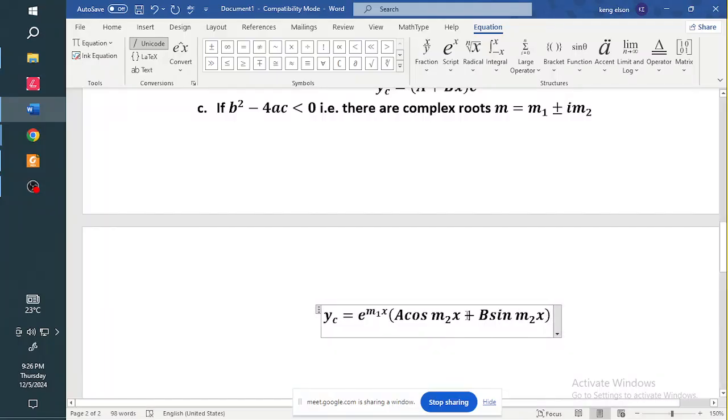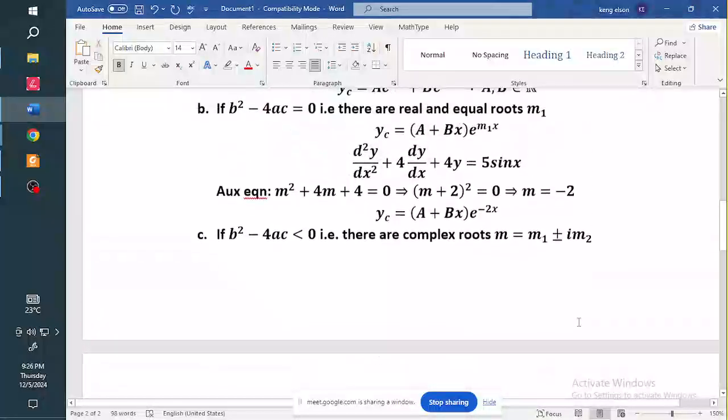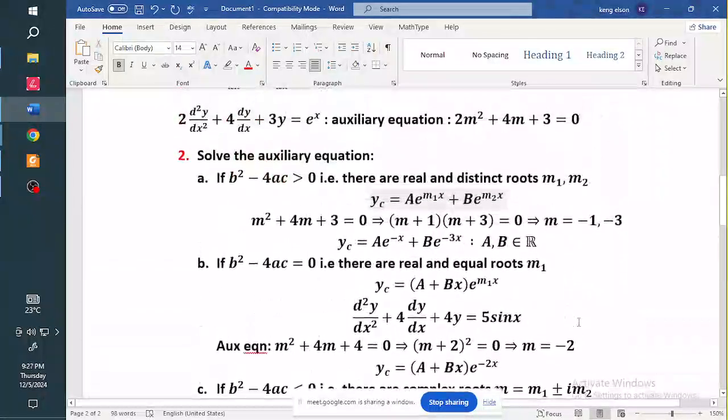That's it. And then in trigonometry, we can always convert this to the form r cos of something, or r sine of something. So that's just it. But for now, let's just forget about these complex roots. Let's focus on the first two cases.